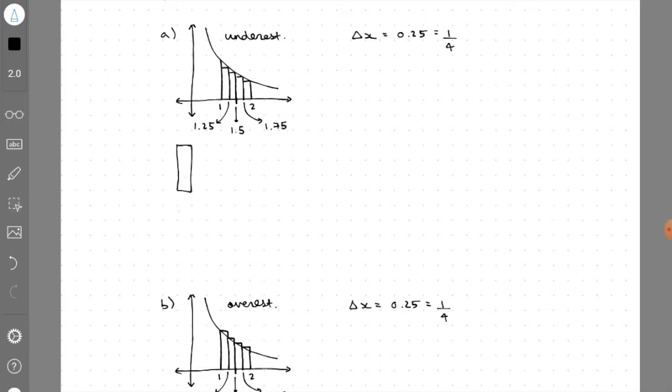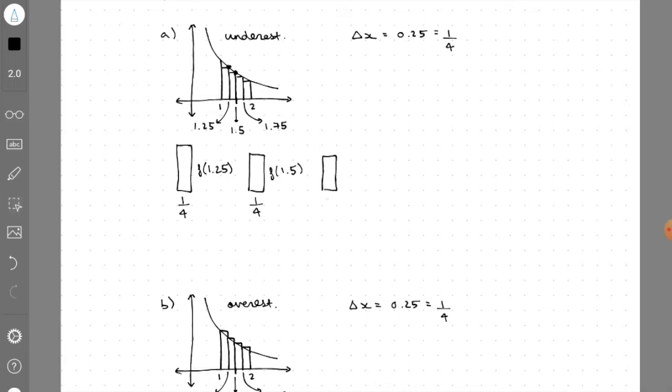So this is the first rectangle, its base is 1 over 4, and the height is the function at 1.25, so f of 1.25. The next rectangle is still 1 over 4, but the height is f of 1.5.